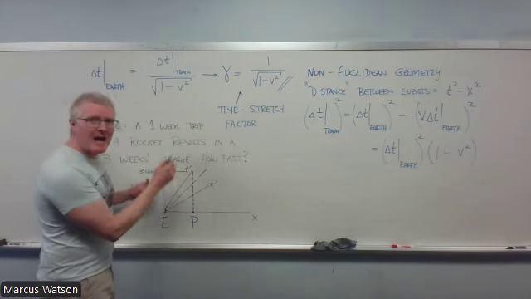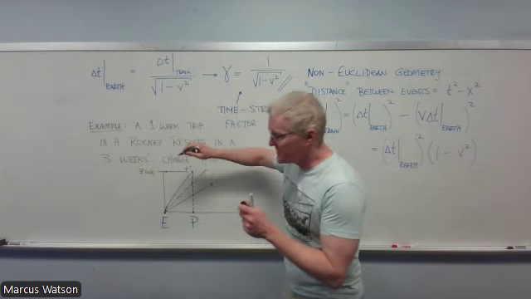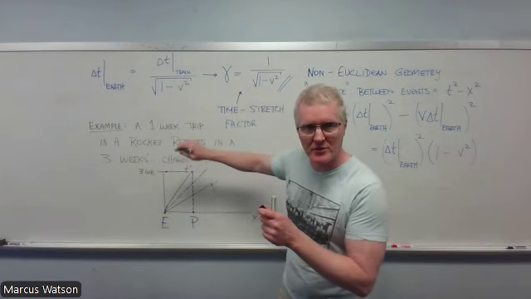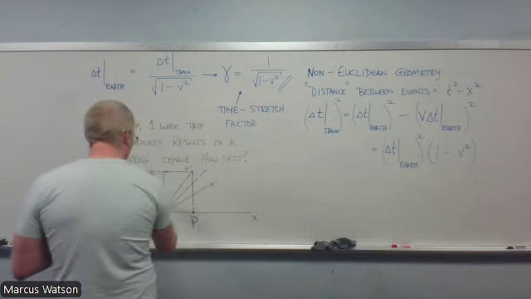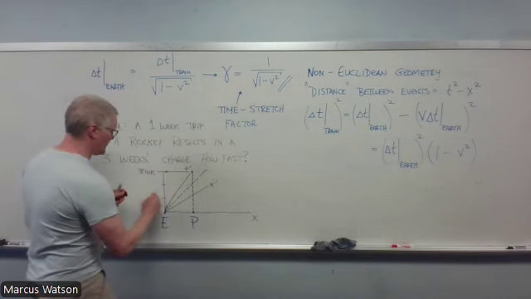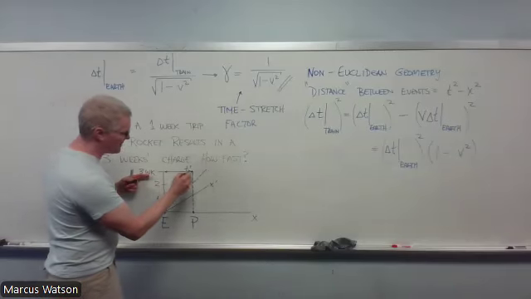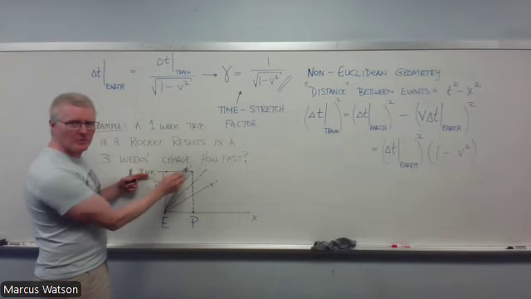So the time has different space between the hash marks. You'd say, okay, here I've got a 1, a 2, and a 3. But on mine, 1 is up here, 1 is right there.